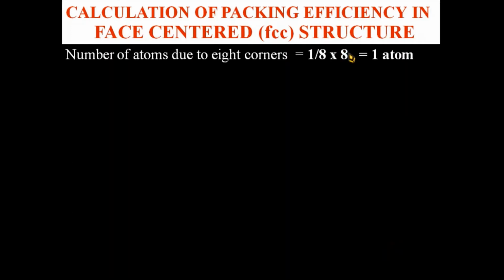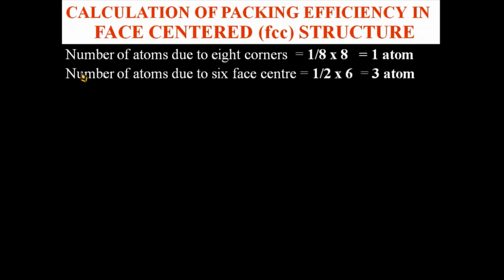So 8 atoms are present at the 8 corners and each atom is shared by 8 cubes, so 1/8 multiplied by 8 is equal to 1. Then 6 atoms are present at the centers of 6 faces.